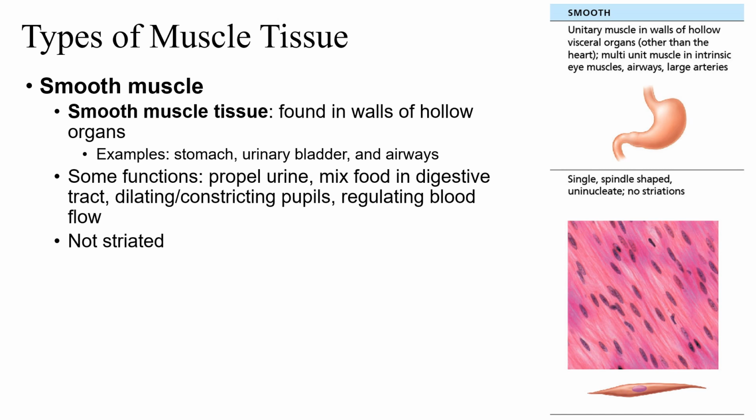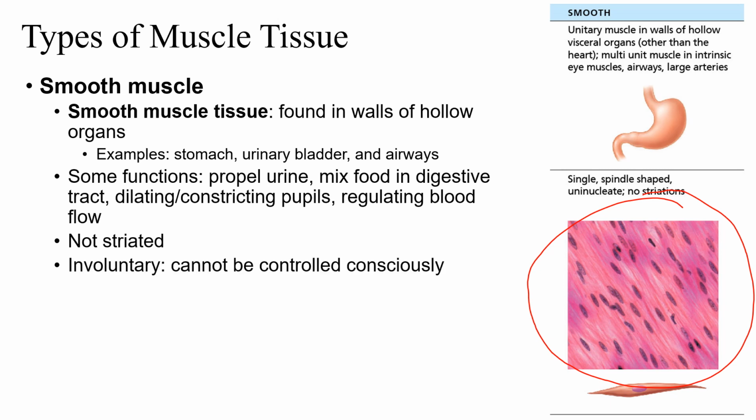They are not striated. So if you look at the image, you can see the cells, you can see the nuclei, and you can also see that there are no distinct lines or striations, stripes. These are going to be involuntary as well, so just think about it. You are not consciously thinking about moving the food from your stomach to your small intestine.